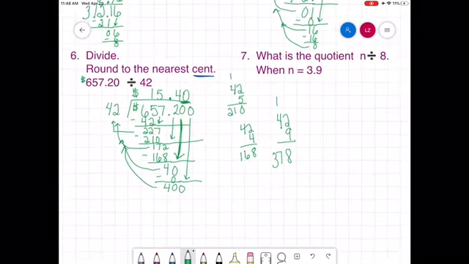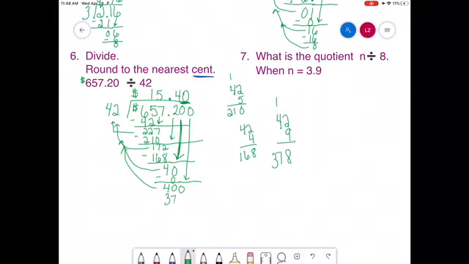It's 378. All right, let's subtract. Change this to a 3, 9, 10. 22 left. That's less than 42. Oops, you know what we forgot to do? We forgot to put our 9 up here, guys. I'm so sorry. Remember, we decided 42 times 9. So we put our 9 up there.